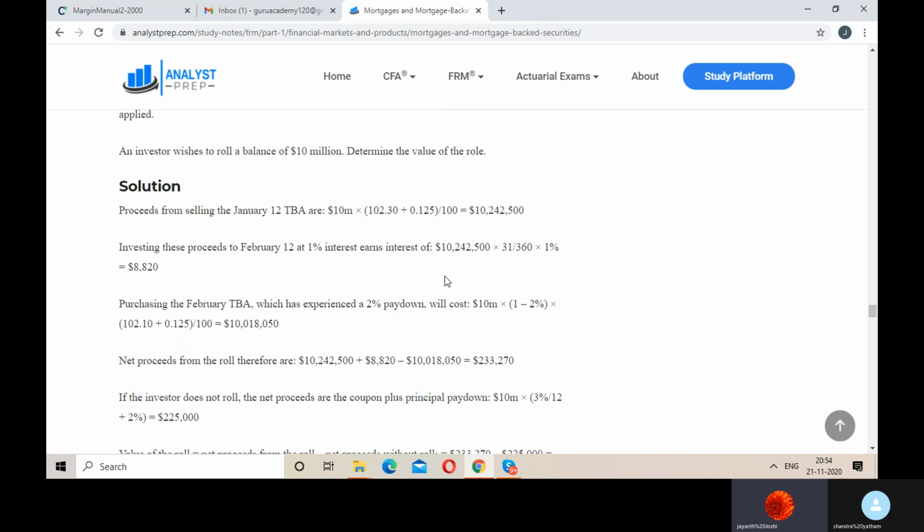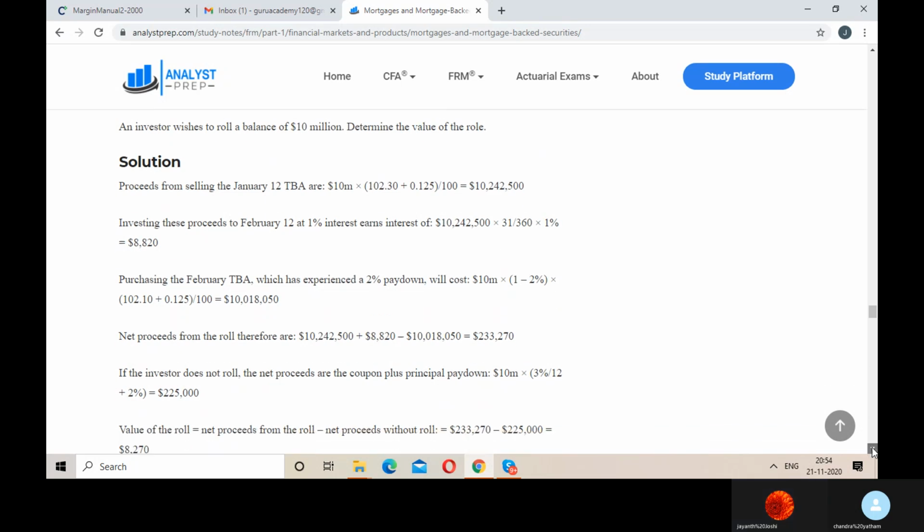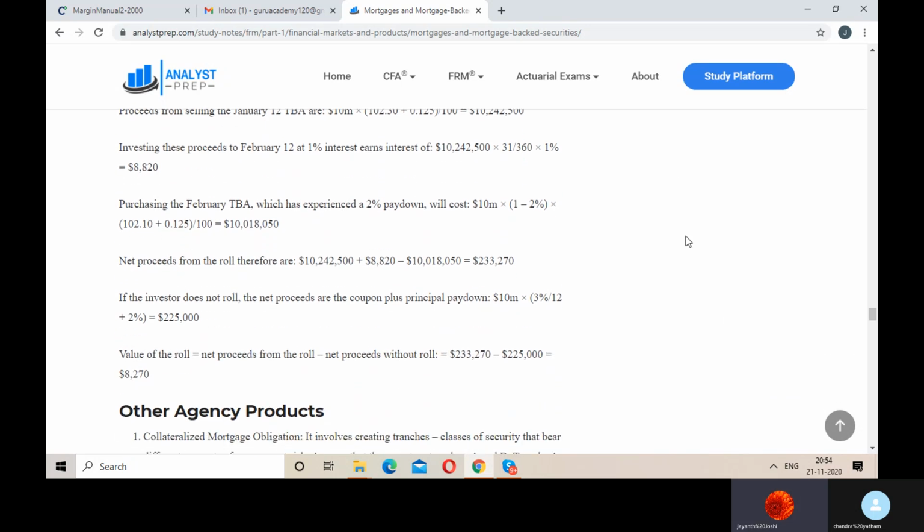For 31 days, it is 8,820. Next, he purchased the to be announced in February, which has experienced a 2% pay down. That means it has declined 2%, and he is purchasing at less. So that is 10 million times 1 minus 2% times the 102.10 February rate plus the interest. It is coming to this.